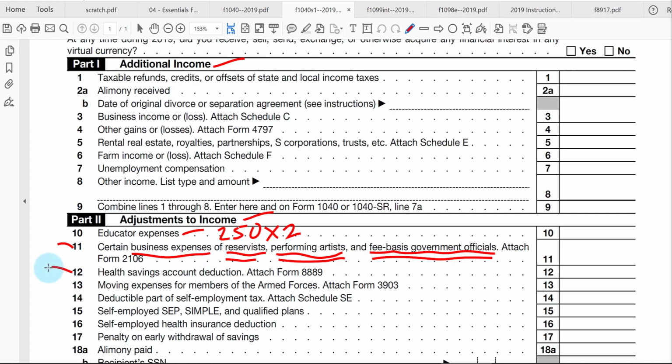Health savings account, I think we talked about this as a deduction back in the previous video. And again, it's not a common deduction in Hawaii because you're required to also have at the same time a high deductible insurance plan. And again, most people in Hawaii don't have that.